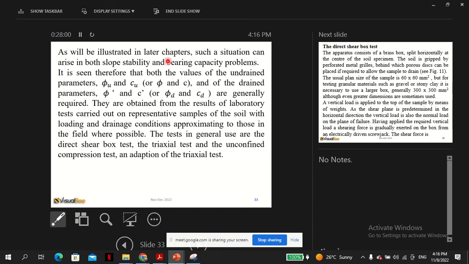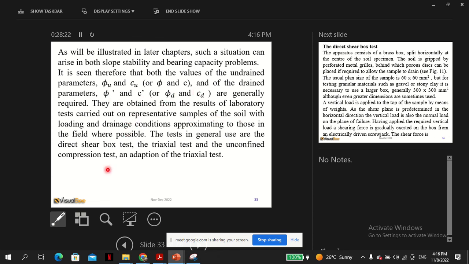As will be illustrated in later chapters, such a situation can arise in both slope stability and bearing capacity problems. It is seen therefore that both the undrained parameters phi u and cu, or simply phi and c, and the drained parameters phi prime and c prime, or phi d and cd, are generally required.